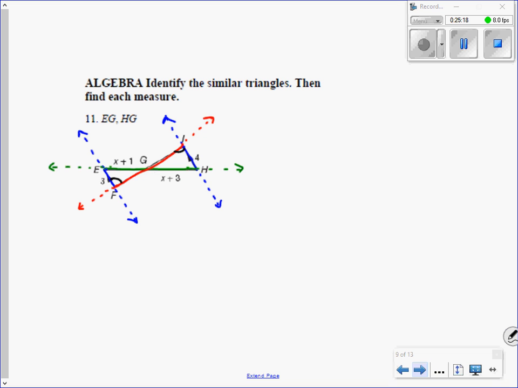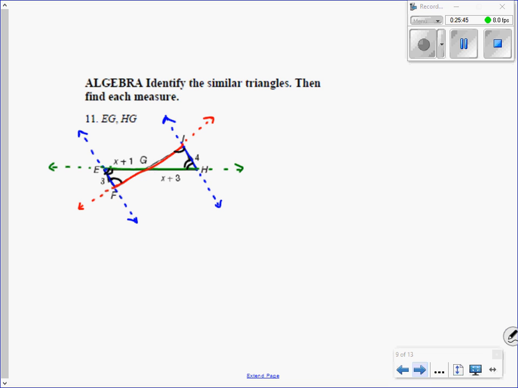Those are alternate interior angles. Those two angles will be congruent. Interior, interior. Same transversal, opposite sides. Those will also be congruent. So that proves that these two triangles are going to be similar, not congruent, similar by angle, angle. Two angles of one, same as two angles of the other, forces the triangles to be similar.